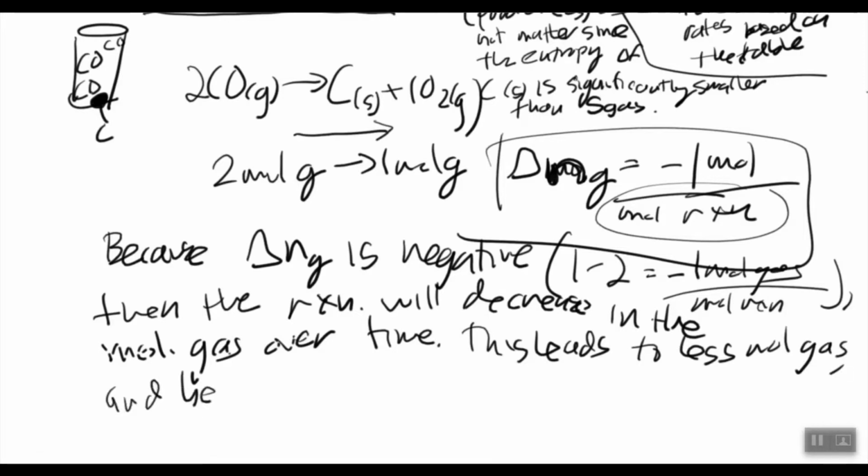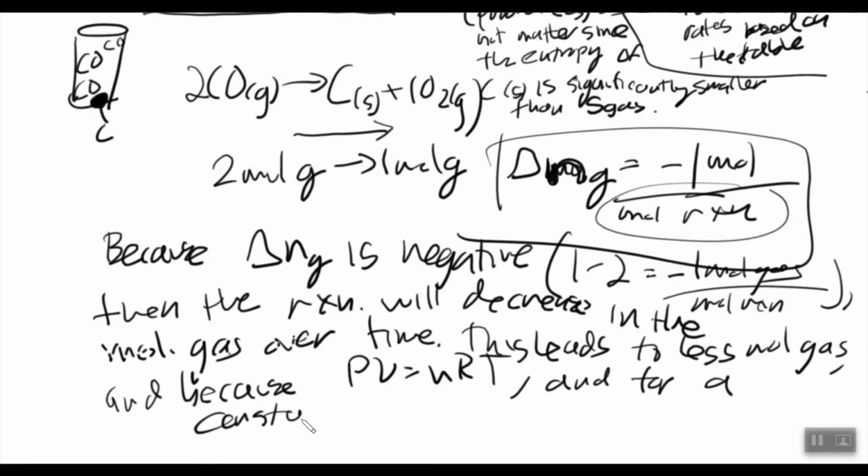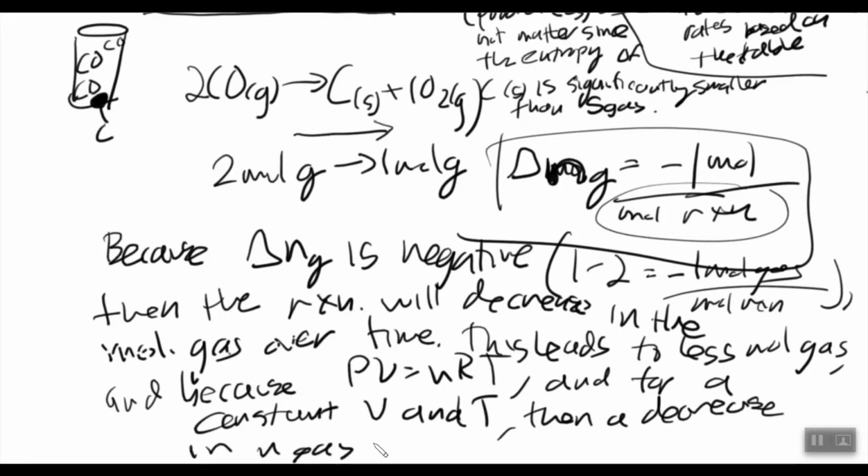And because PV equals nRT, we're doing gas laws because this is pressure in moles, and for a constant V and T, because they said they kept T constant, then a decrease in the moles of gas will lead to a decrease in pressure.